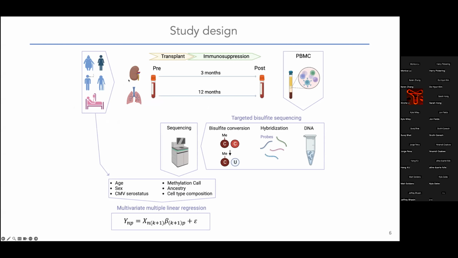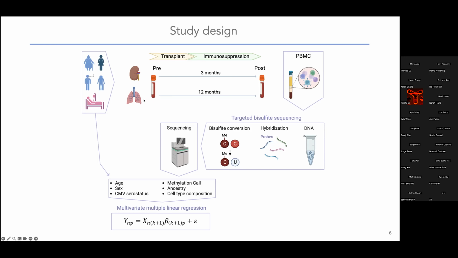We have two cohorts. One is a group of people about to get a kidney transplant at UCLA, and another group is about to get a lung transplant at UCSF. This gives us a good opportunity to study the relationship between CMV and DNA methylation, because we know transplant patients go through immunosuppression after organ transplantation.